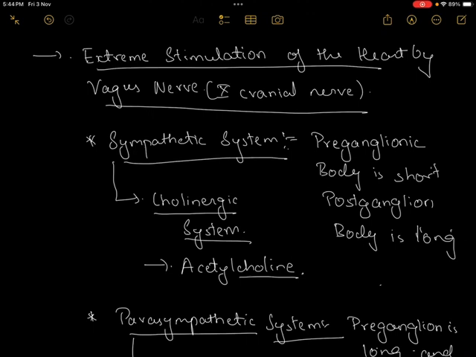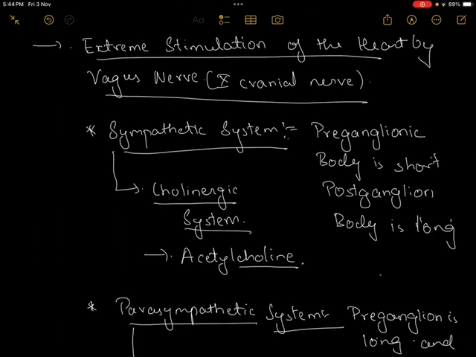If you take the heart as an example of an organ, if there is an extreme stimulation of the heart by the vagus nerve, which is part of the parasympathetic system, then there will be a decrease in heartbeat.